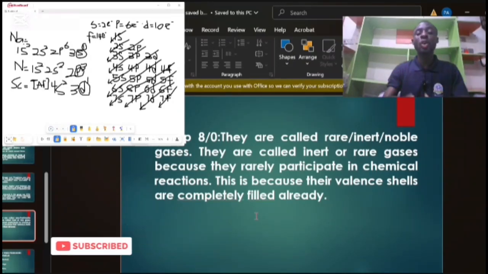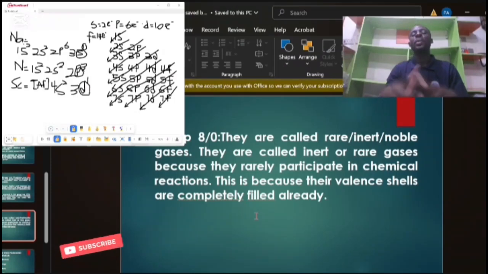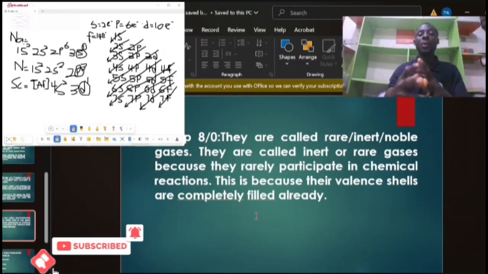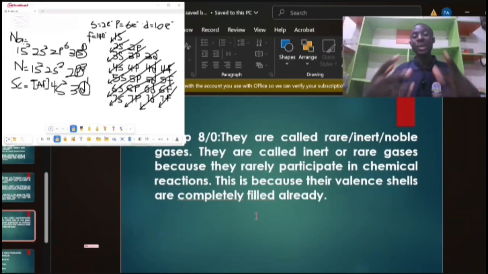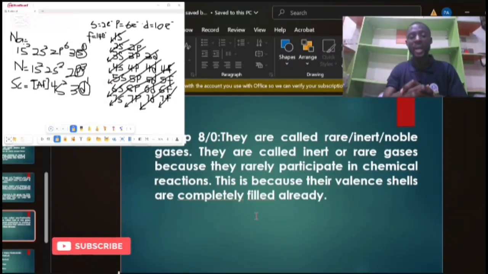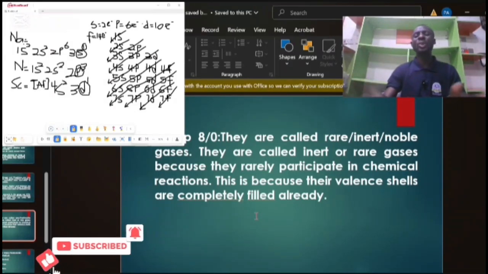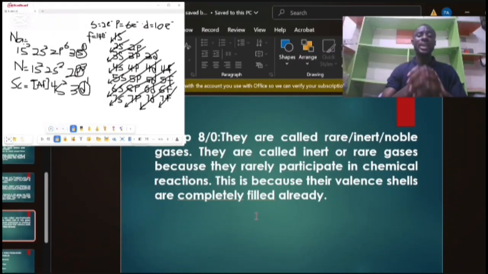All right, let's go to the last group in the periodic table. We call it group 8 or group 0 elements. The names we give to them are rare gases, inert gases, or noble gases. We say they are called inert or rare gases because they rarely participate in chemical reactions.